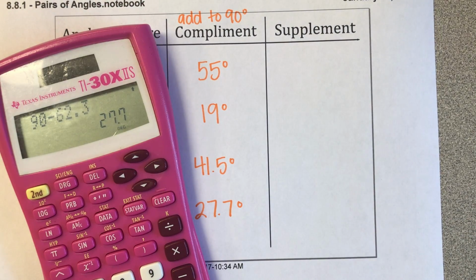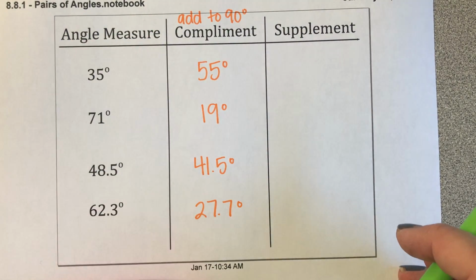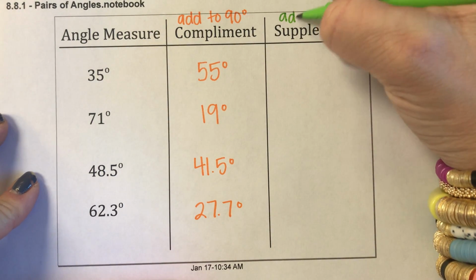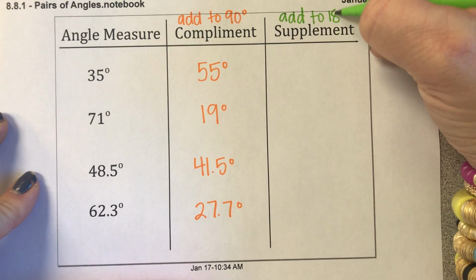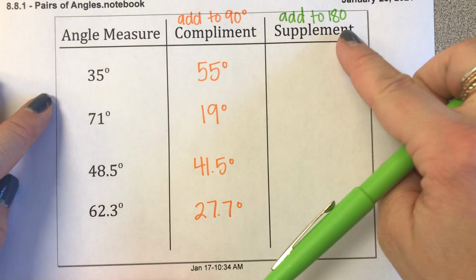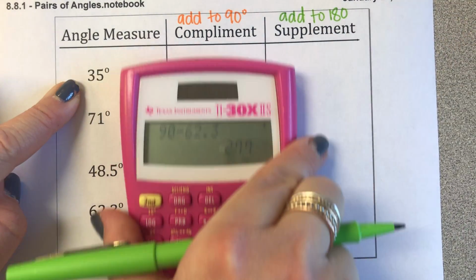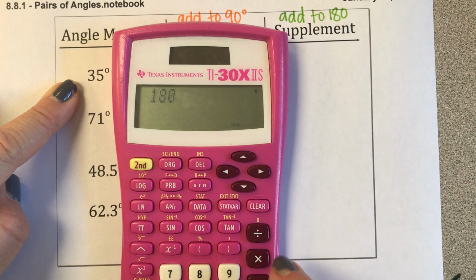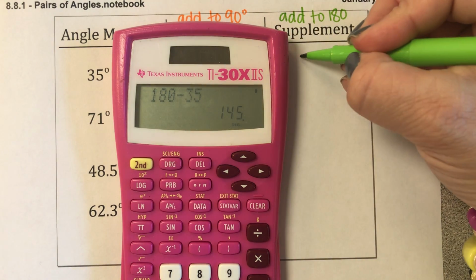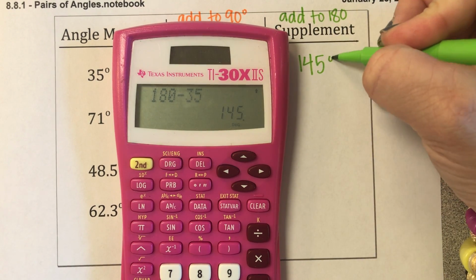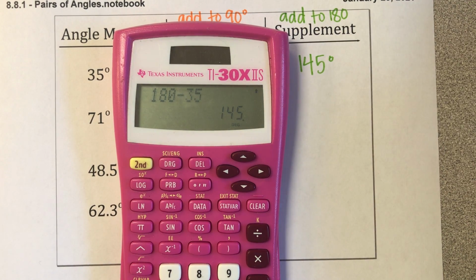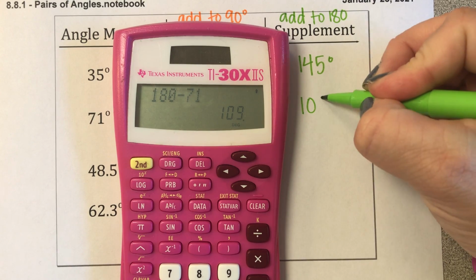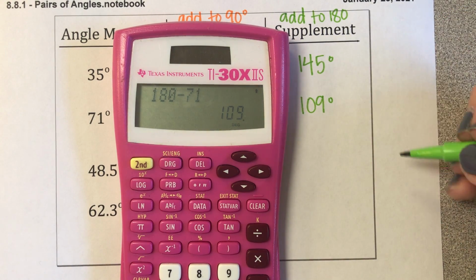Okay, so let's talk about what the supplement is. Supplementary angles add to 180. So 180 minus 35, the supplement of that first angle, would have to be 145 degrees. 180 minus 71 is 109 degrees.